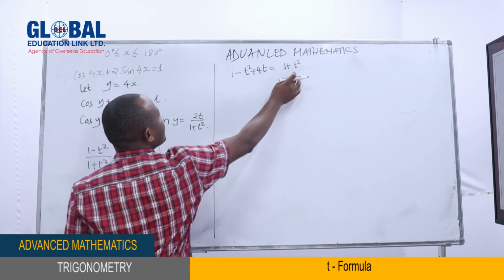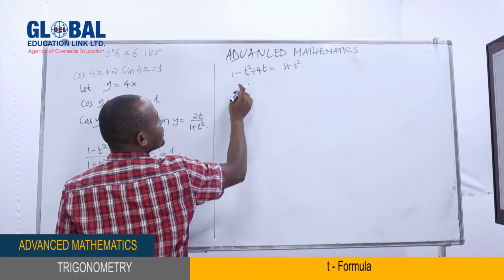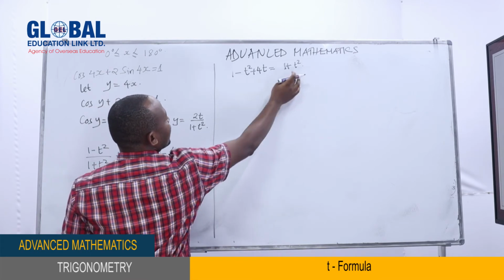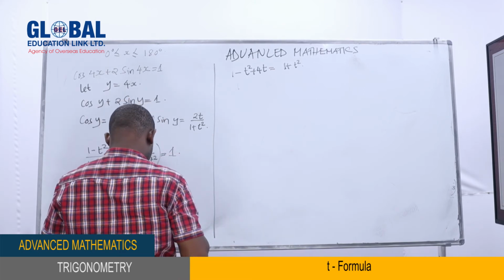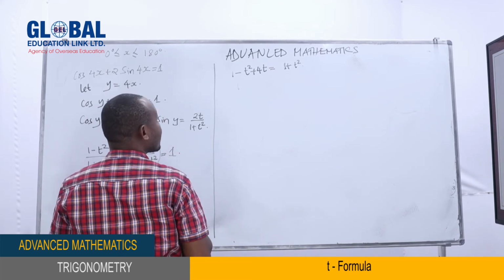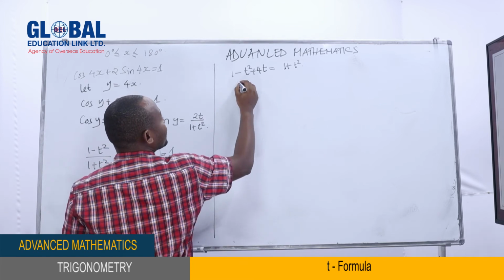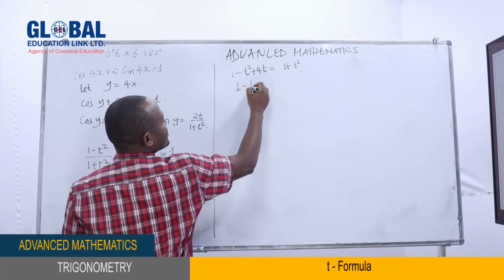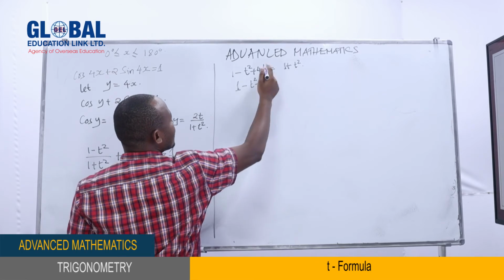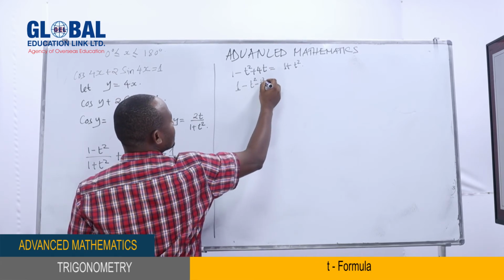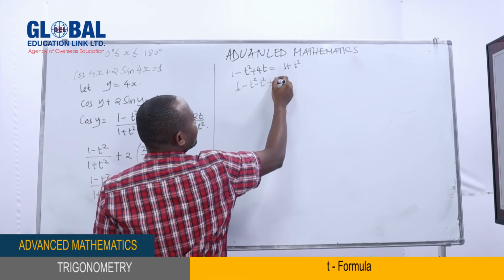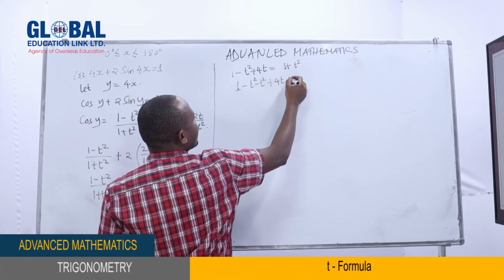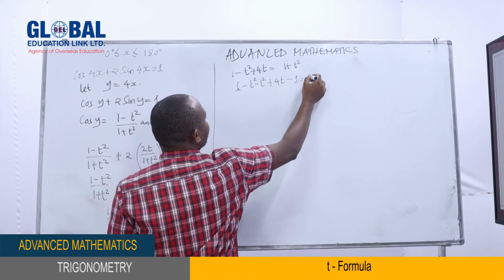The 1 minus t² coming to this side will be negative t², plus 4t, and that 1 coming to this side will be minus 1, equal to 0.